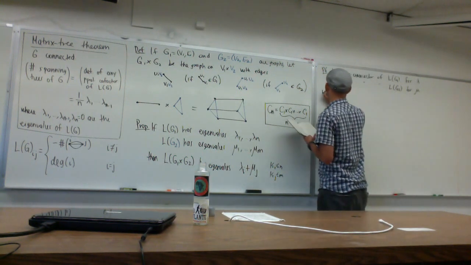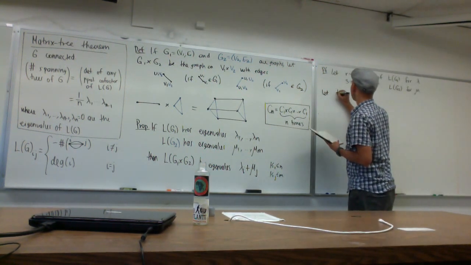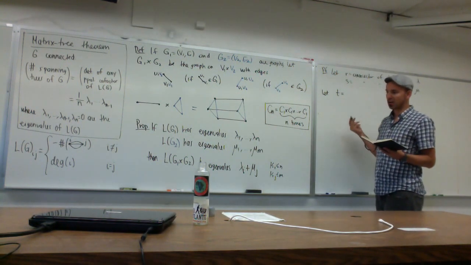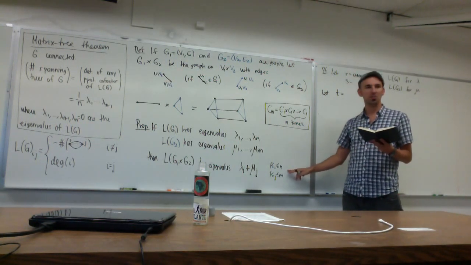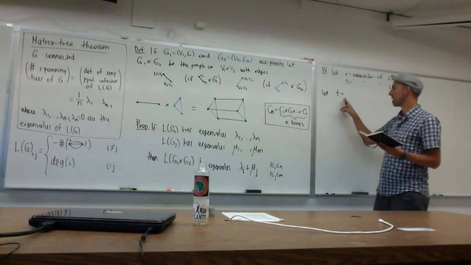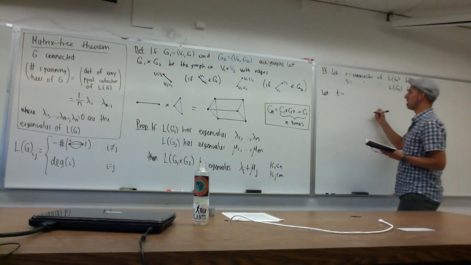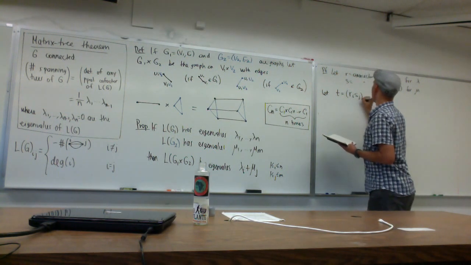So the way I'm going to do that is that I'm going to define T to be, and by the way, how long should that eigenvector be? Well, remember that this guy has length m times n. And so this should be a vector with m times n entries. And the entries are going to be Ri times Sj.